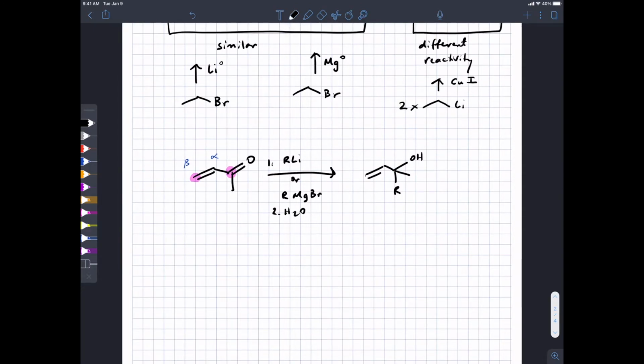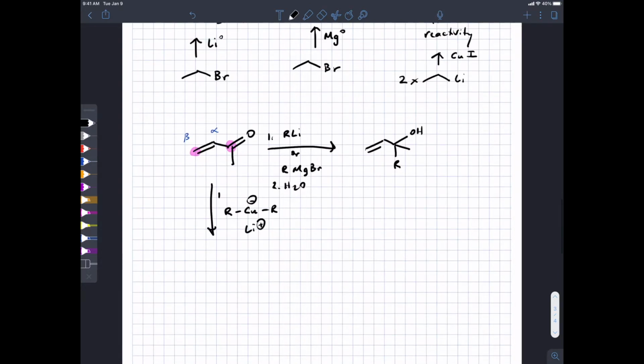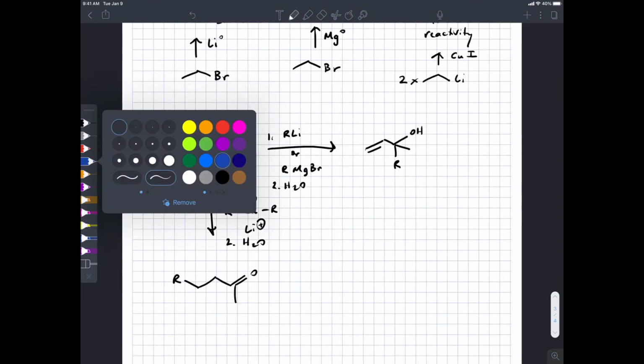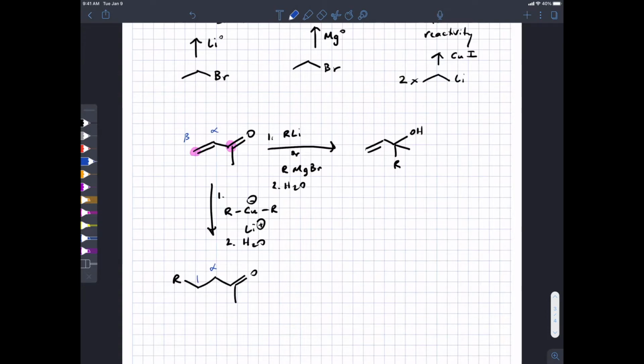But if you instead use the cuprate, after aqueous workup, you make a new bond between your R group and the beta carbon. And the ketone remains intact. So that's one place where cuprates are different from organolithiums and Grignard reagents.